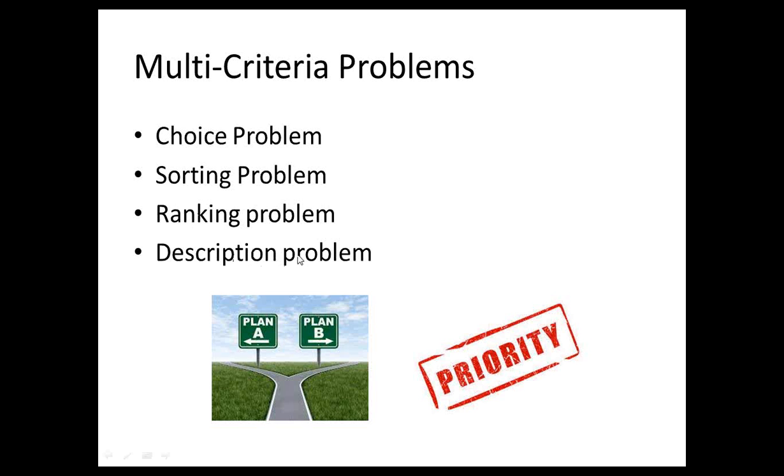And finally, a description problem, which is usually a problem where the alternatives and the criteria are not well defined yet, and the MCDA is used to come to this better description of the problem.